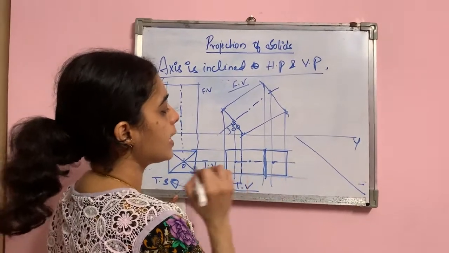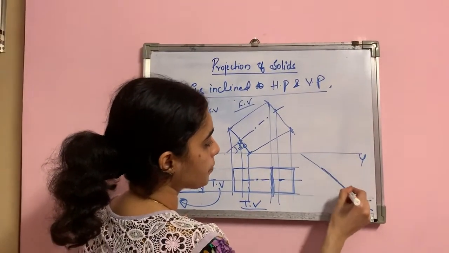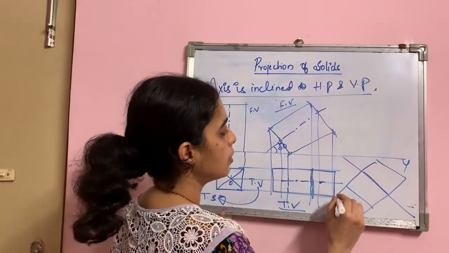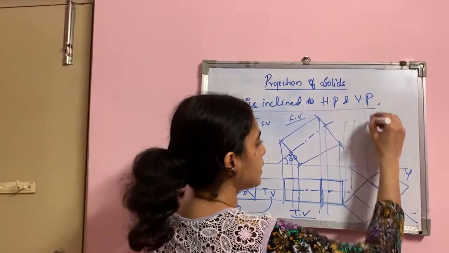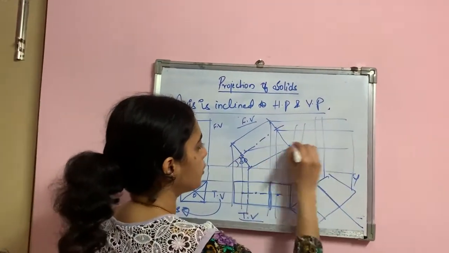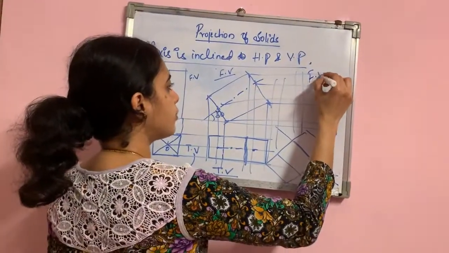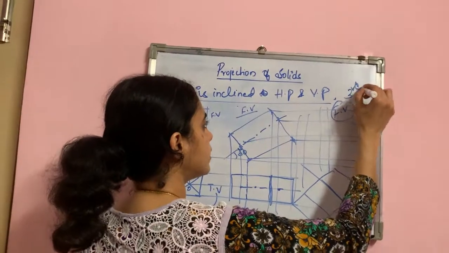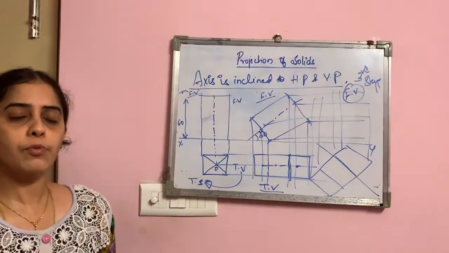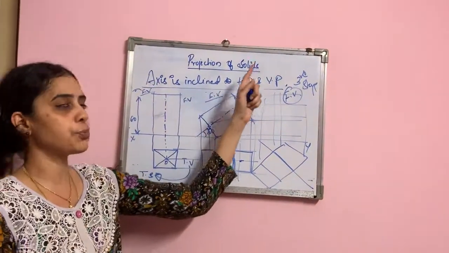Suppose if this is the side resting, then you will shift this side here and then you project the entire top view above, take the projections, extend the projection from our front view also, then trace out the final front view in the third stage. So this is the basic concept you have to follow when the axis is inclined to HP as well as VP.